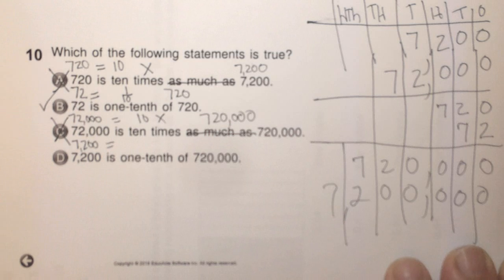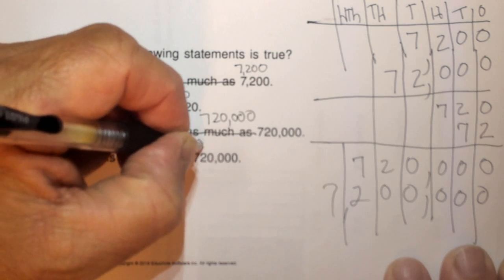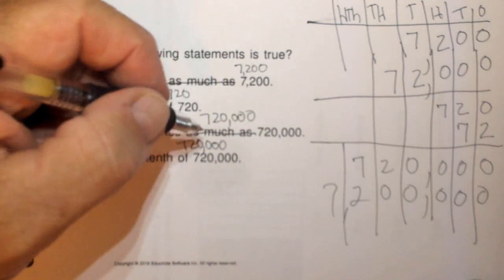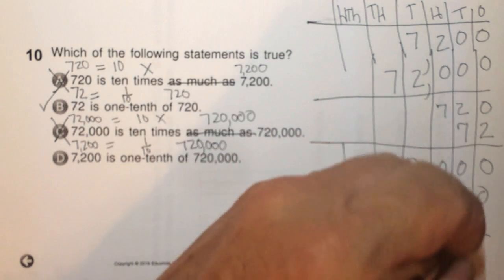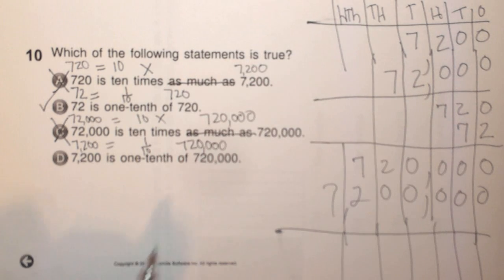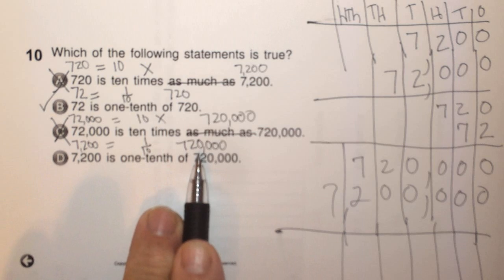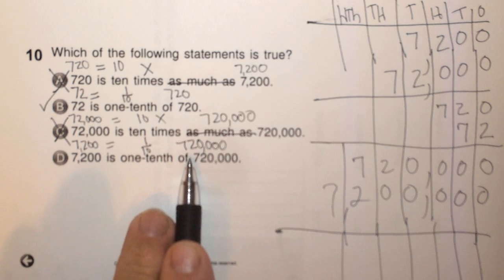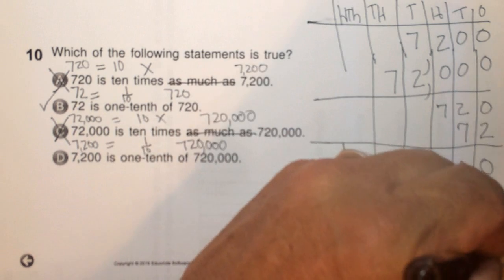Again, 7,200 equals 1/10 of 720,000. Alright, so extend this down again instead of drawing a whole new one. I have two things on the same side of the equal sign, so I'm doing the 1/10 to the 720,000. I put 720,000.